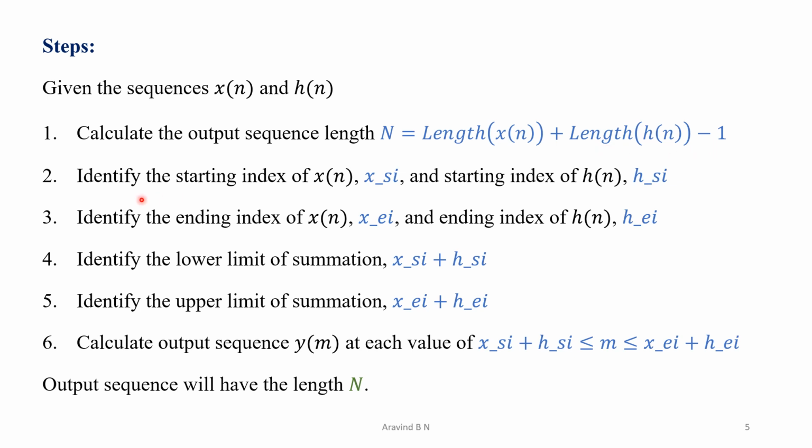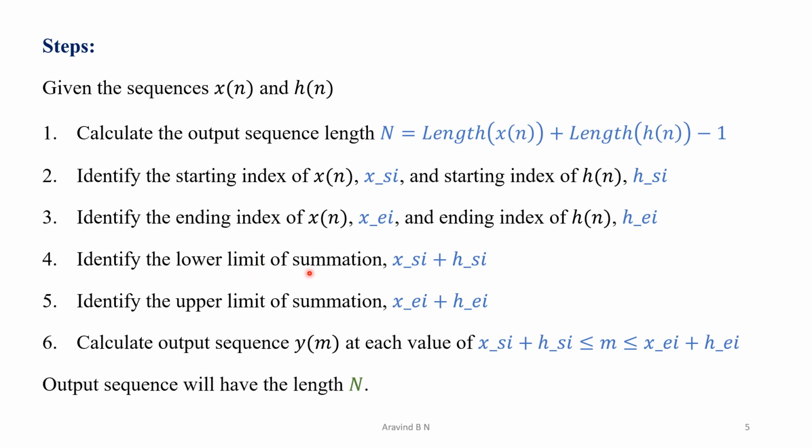Step 2, identify the starting index of x of n, given by x underscore si, where si stands for the starting index, and the starting index of h of n, that is h underscore si. Step 3, identify the ending index of x of n, given by x underscore ei, where ei stands for the ending index, and the ending index of h of n given by h underscore ei.